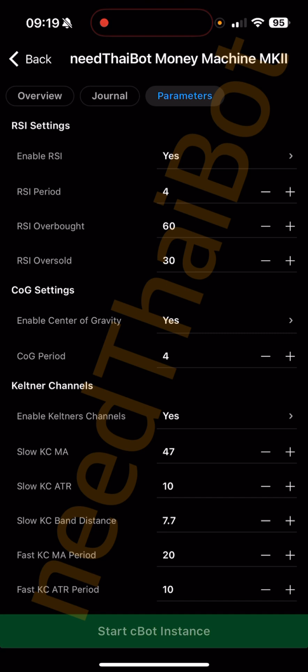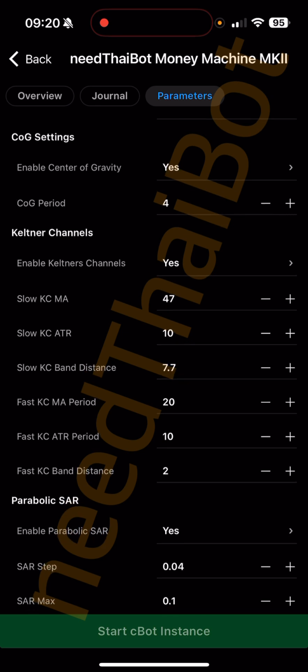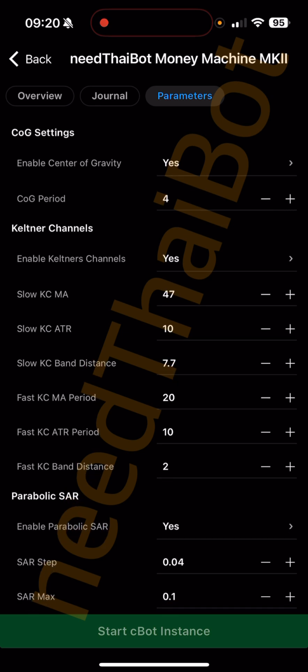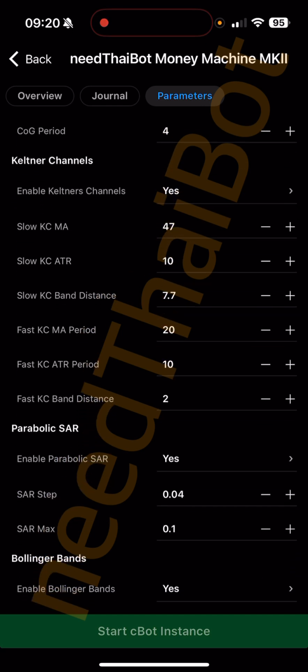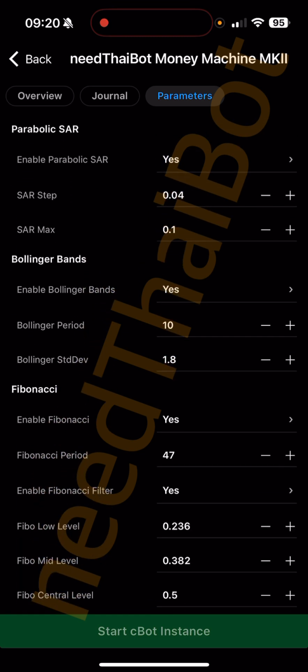Put the numbers in here and let it run. Like I say, run on demo for a couple of weeks and you will see the result. I try to put in as many indicators as possible that work well in the bot.